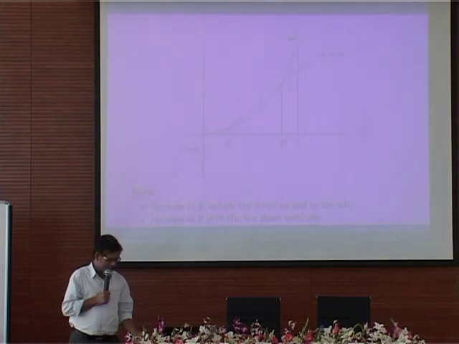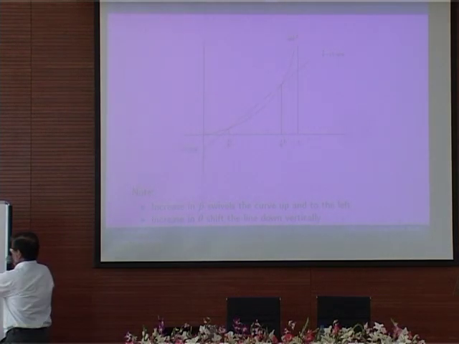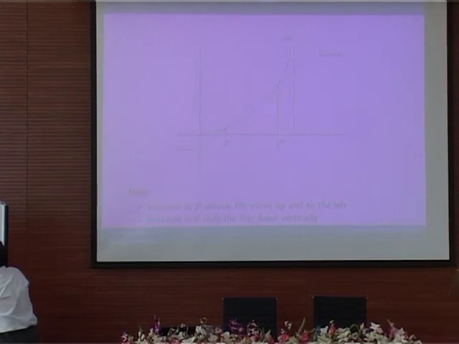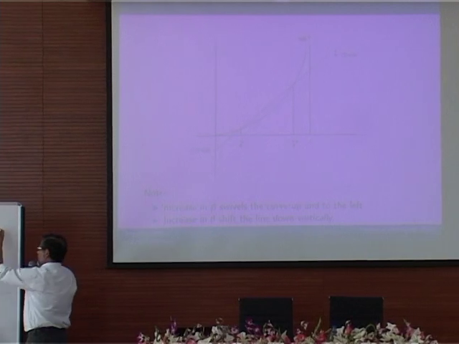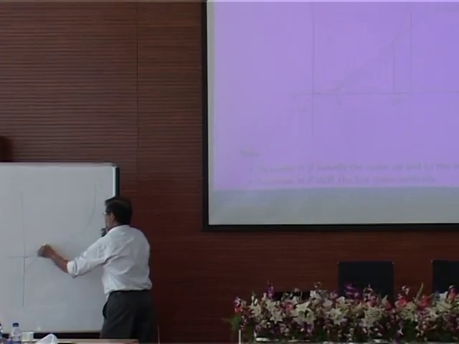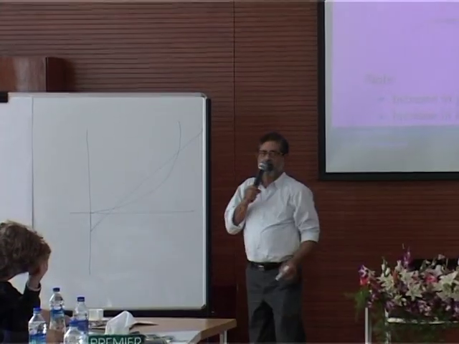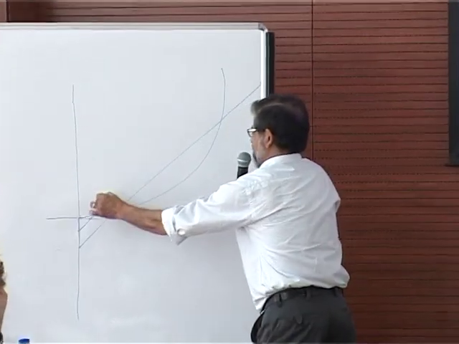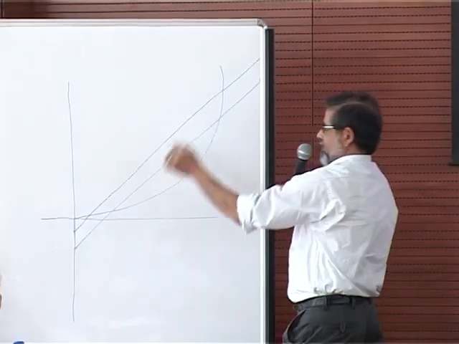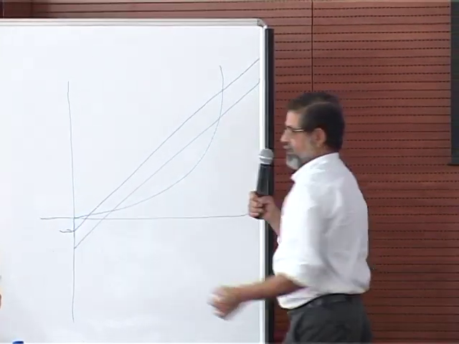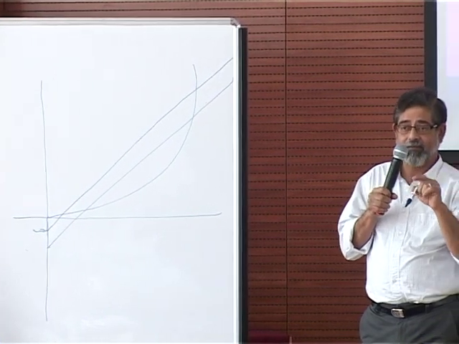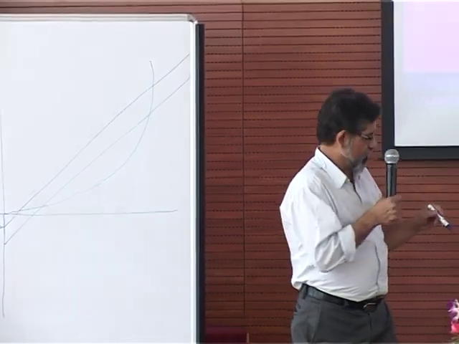What happens with that diagram is the following. Suppose the economy-wide level of corruption falls, then this curve shifts up because the intercept here is linear in phi.